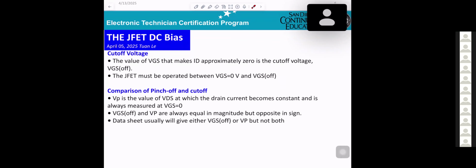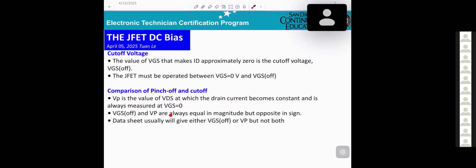Comparison, pinch-off and cutoff. VP is the value of VDS at which the drain current becomes constant and is always measured at VGS equal to 0.